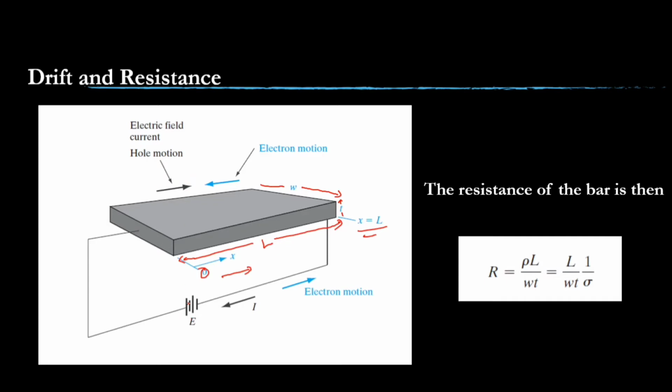One source is connected here, plus and minus. So electrons will flow in this direction, enter at the point x equal to L, and leave the semiconductor at x equal to 0.